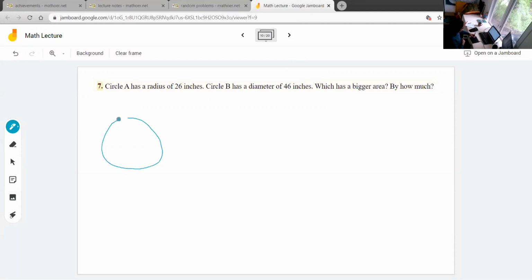Your first one has a radius, so that's from the middle to the edge, of 26 inches. And the second one has a diameter, so that's from edge to edge, of 46 inches.